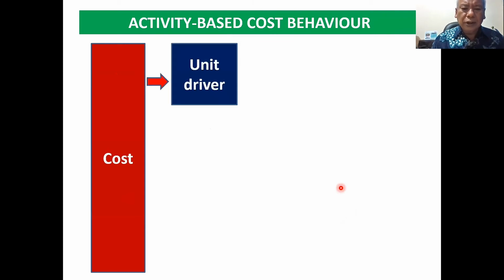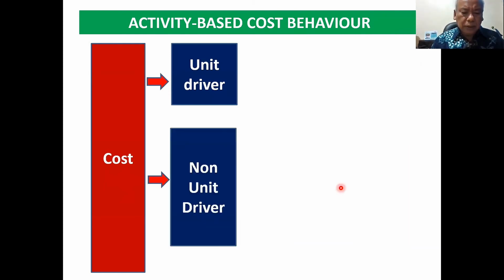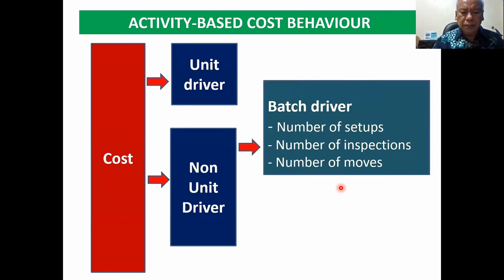In activity-based cost behavior, we don't just link the cost to unit drivers, but also to non-unit drivers. A non-unit driver, as we discussed earlier, includes batch drivers, for example number of setups, number of inspections, number of moves.